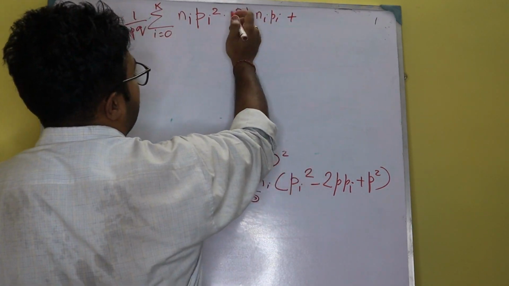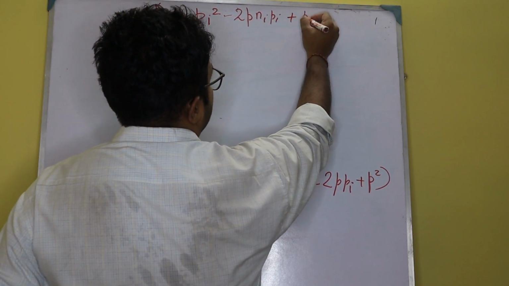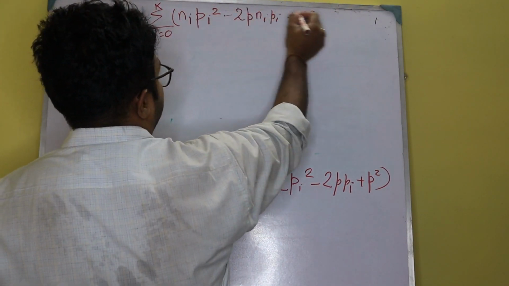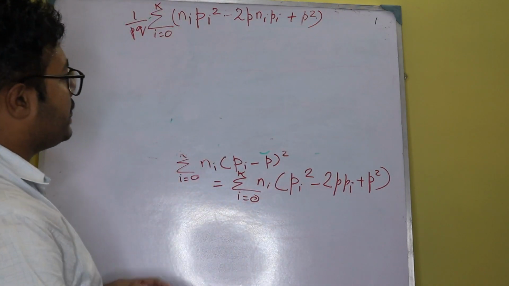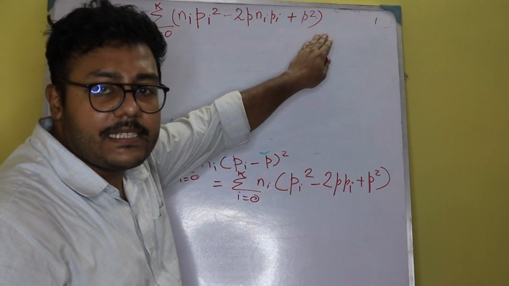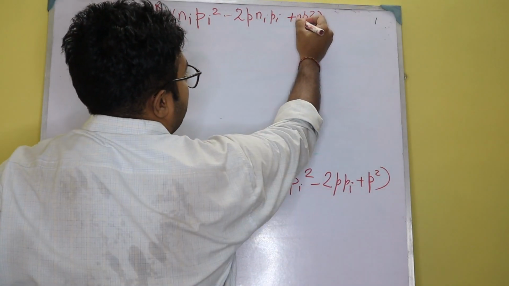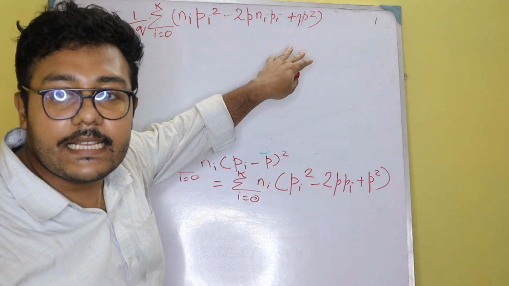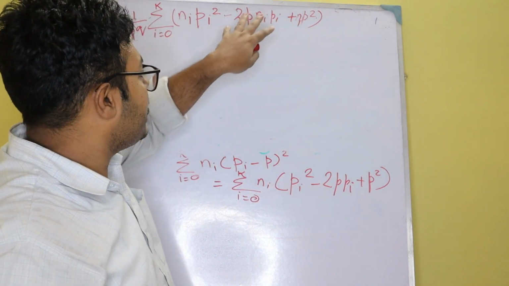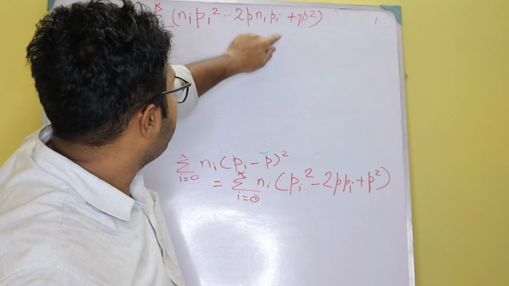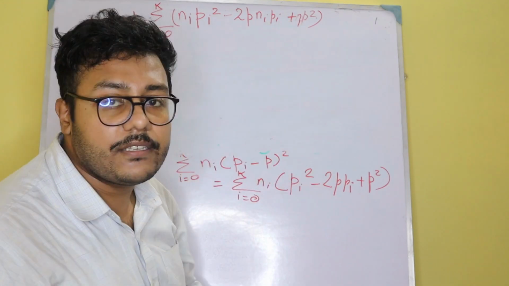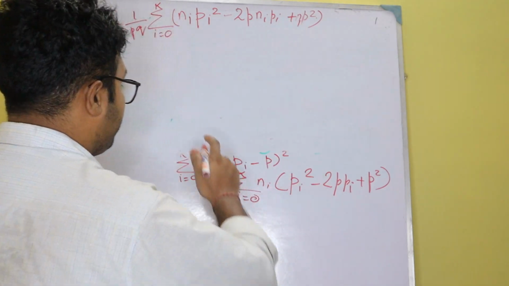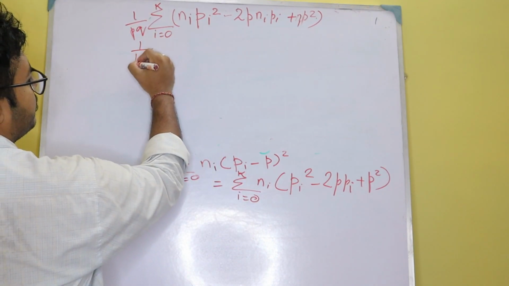Sorry, this will not be plus, this will be minus, plus p whole square. Now see, in some cases you will see that this ni is a constant term, in some cases it will contain variables. So we will apply the summation accordingly.